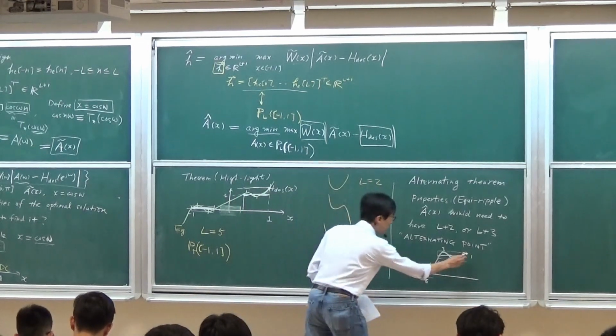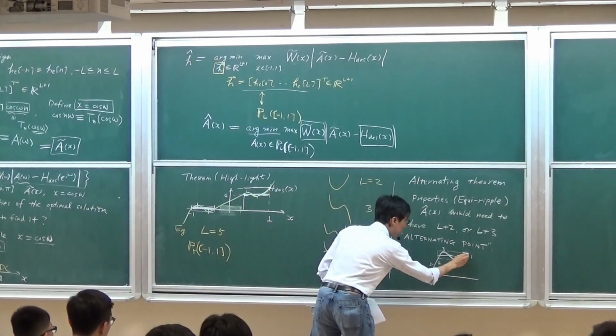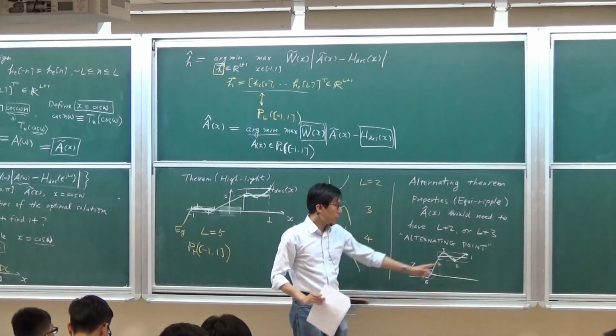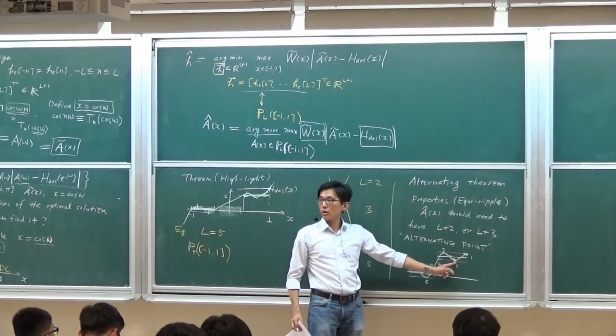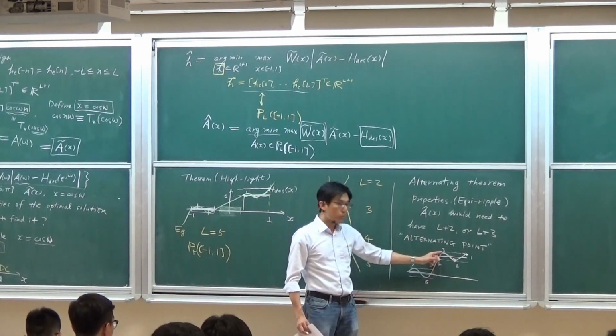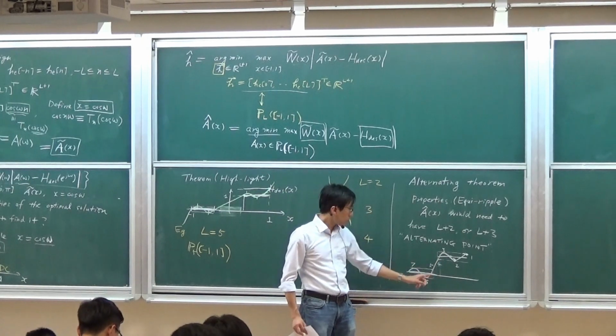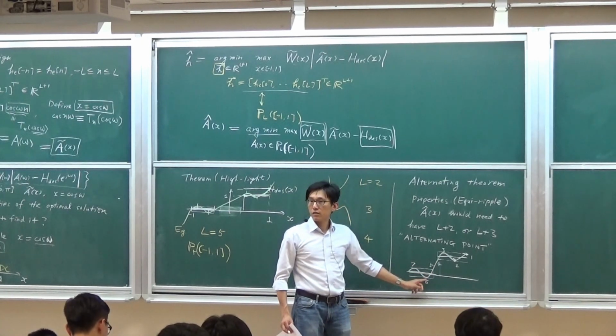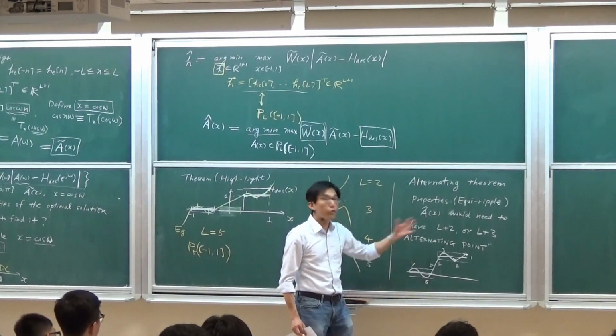The first point has the maximum absolute error. The second place also has a maximum absolute approximation error, but now the sign changes. It goes under. And the third one goes above. The fourth one goes under. The fifth one goes above. The sixth one goes under. Is that clear?